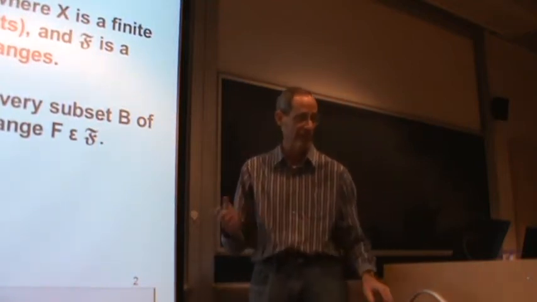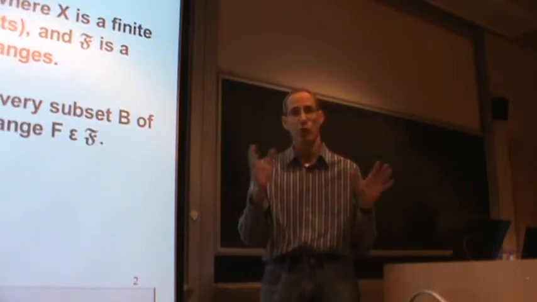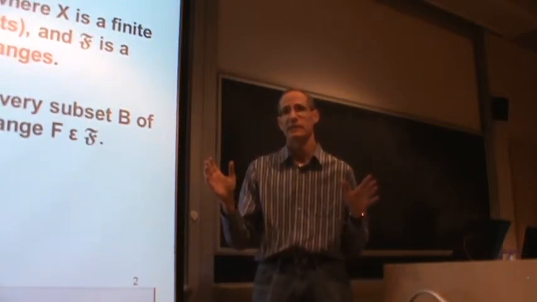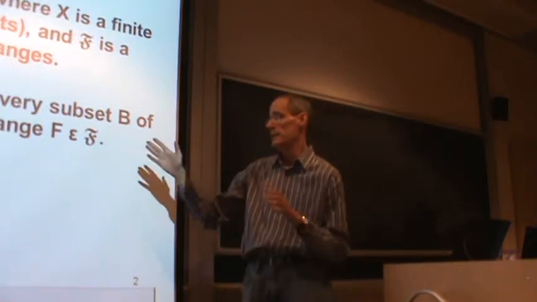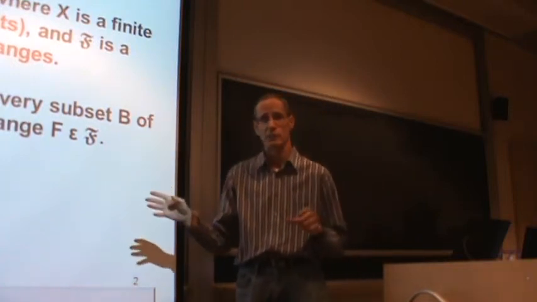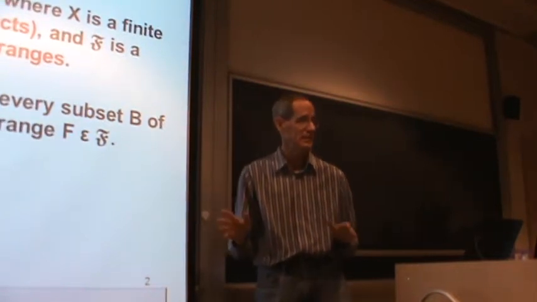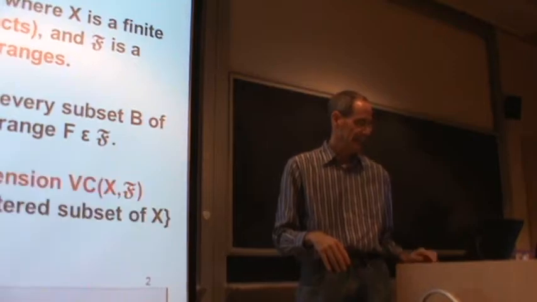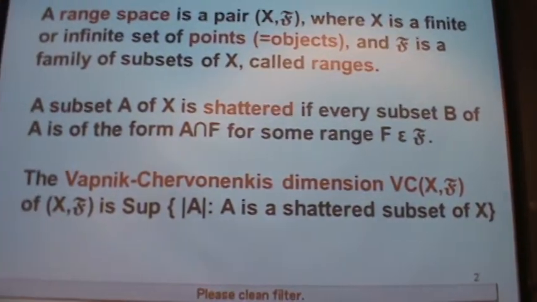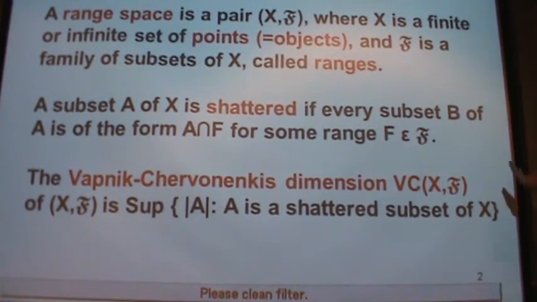So if this is a finite set of K elements, for all the 2 to the K possibilities of choosing some subset of it, there is some range so that if you intersect it with A, you get exactly this subset. So this is a shattered set. And we would be interested in the maximum or supremum size of a shattered set. So this is called the VC or Vapnik-Chervonenkis dimension of this range space.